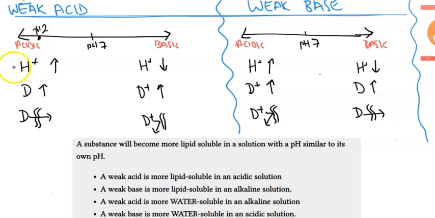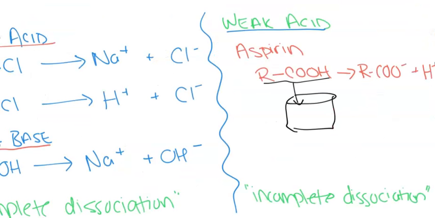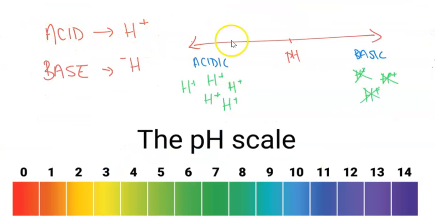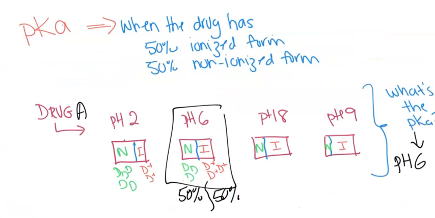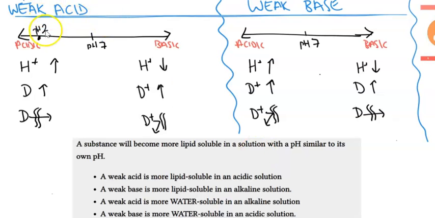We know that whenever it's acidic, we always have an influx of hydrogen ions, right? If you remember the slide where I was explaining that when something is acidic, there's lots of hydrogen, and when something is basic, there's removal of hydrogen ions. So the drug got absorbed into your stomach, which has a pH of 2, and there are lots of hydrogen ions.